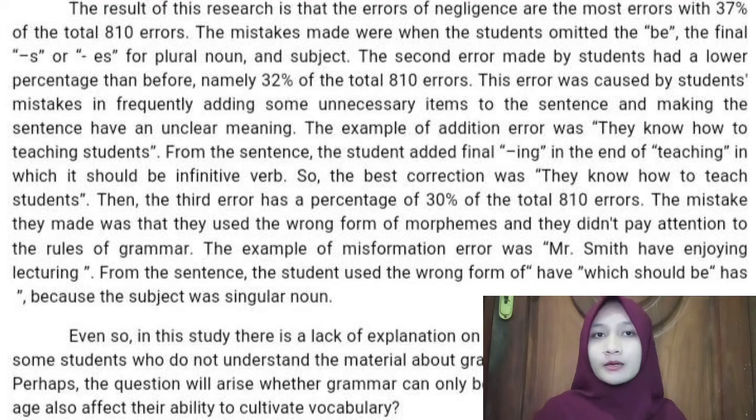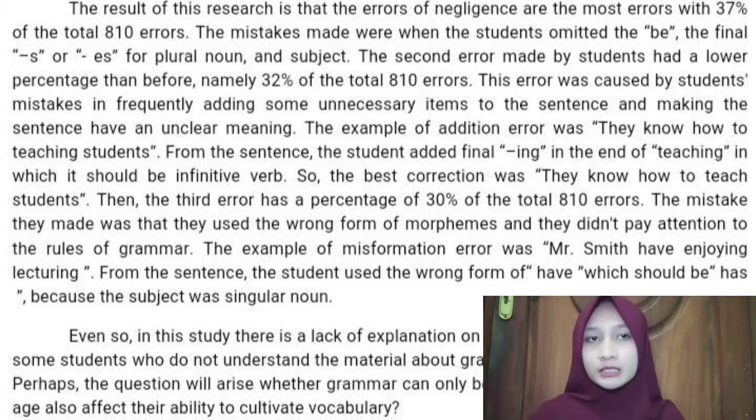The second error made by students had a lower percentage than before, 32% of the total 810 errors. This error was caused by students frequently adding some unnecessary items to the sentence and making the sentence have an unclear meaning.